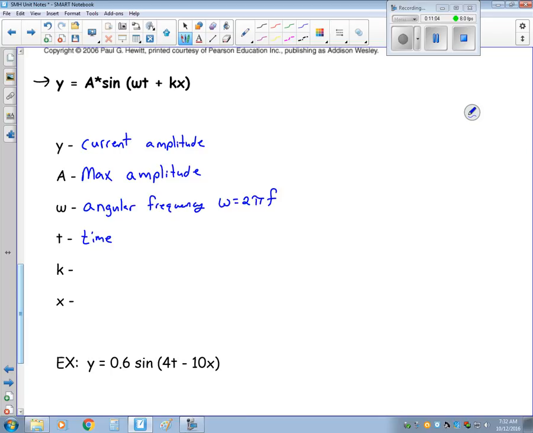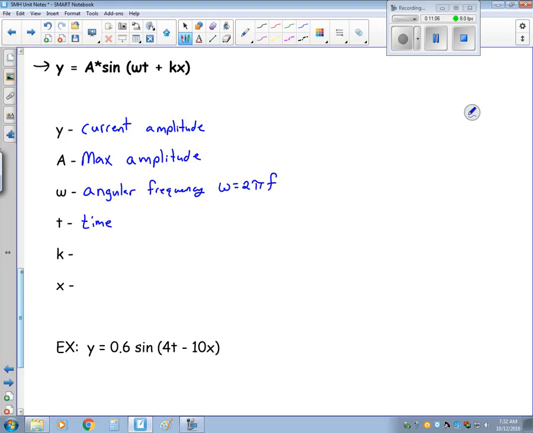K. K is something you probably have never seen before. This is called the spatial frequency. And K is going to equal 2 pi divided by the wavelength, lambda.